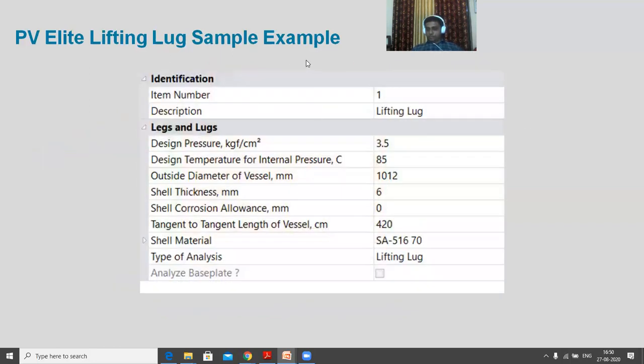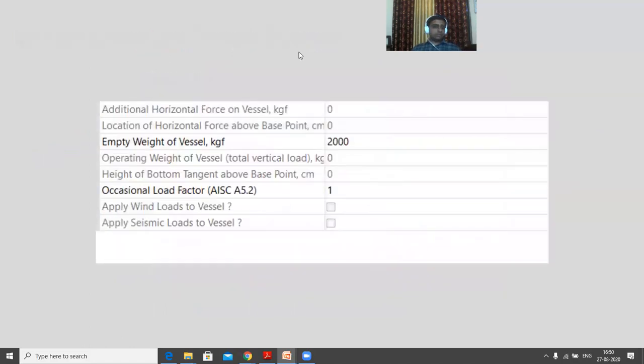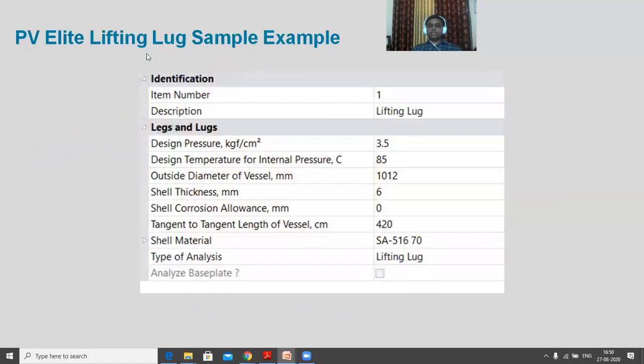So how to do that? For that reason, let's understand the various screens or the data that we have to put in. This is the data taken from CodeCalc. In CodeCalc, we have to go to legs and lugs, and from there we put this data in. Please remember, design pressure is 3.5, and design temperature.